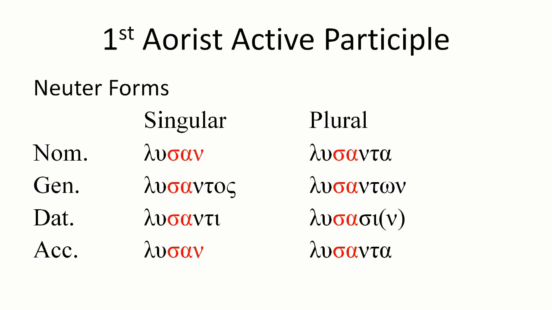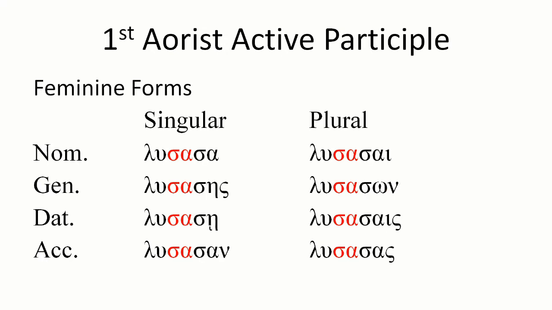And then the genitive and dative, lusanton, lusasi, same as the masculine plurals. I hope as you're seeing this, you're seeing how that pattern is established and how these endings are similar now to the present. You're just changing that thing in the middle, but other than that, it's following the same pattern as the present.